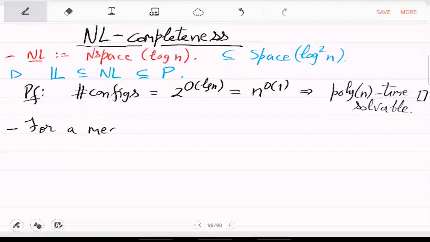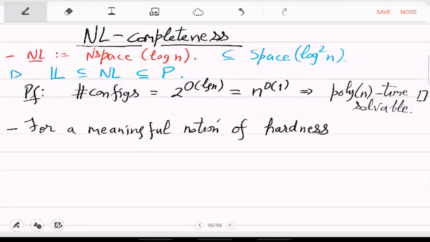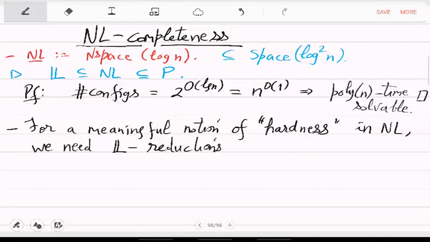For a meaningful notion of hardness in NL, we need log space reductions and not polynomial time reductions. Right?